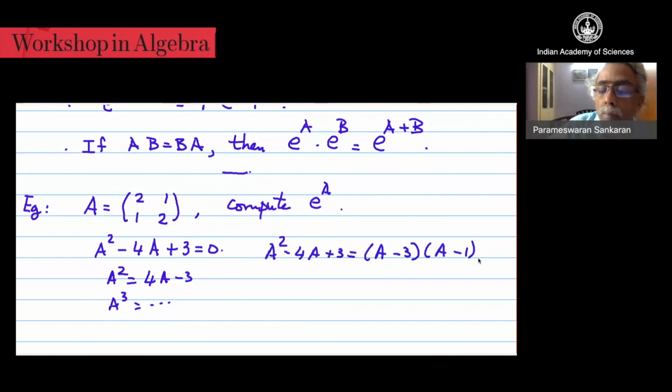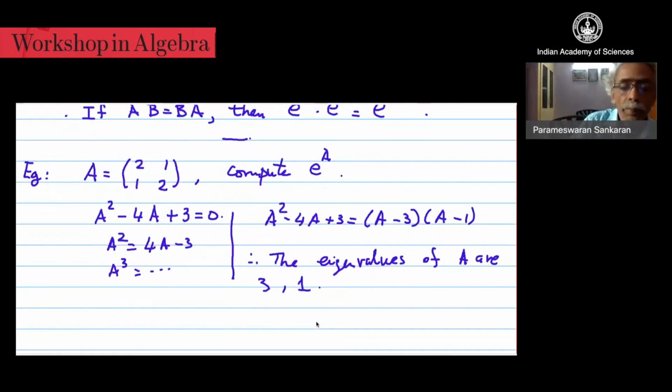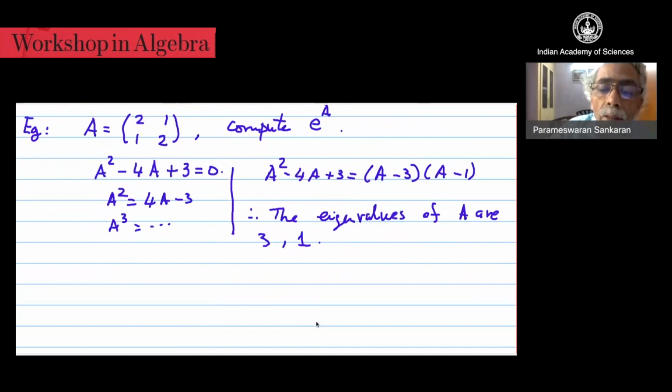If you like, you can write lambda here, but anyway. This means that the eigenvalues of A are 3 and 1. Eigenvalues being distinct, matrix A is diagonalizable.